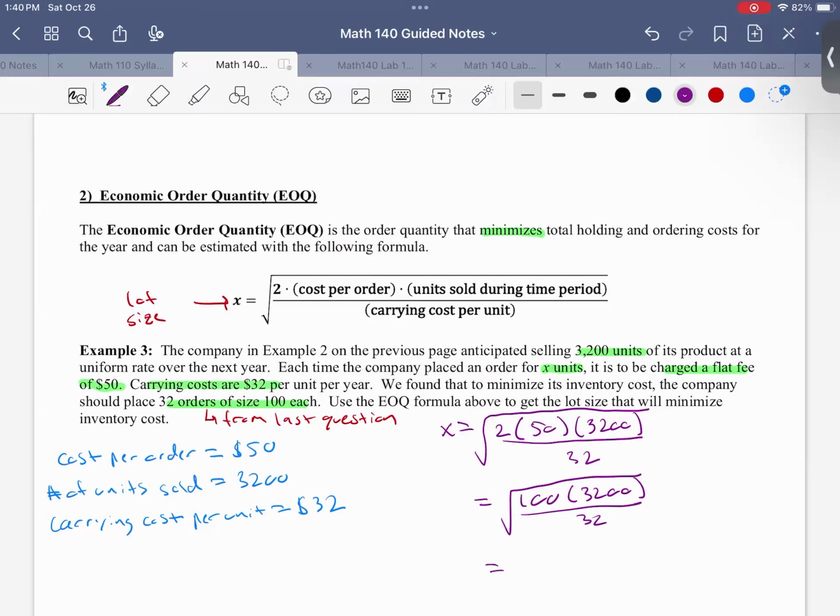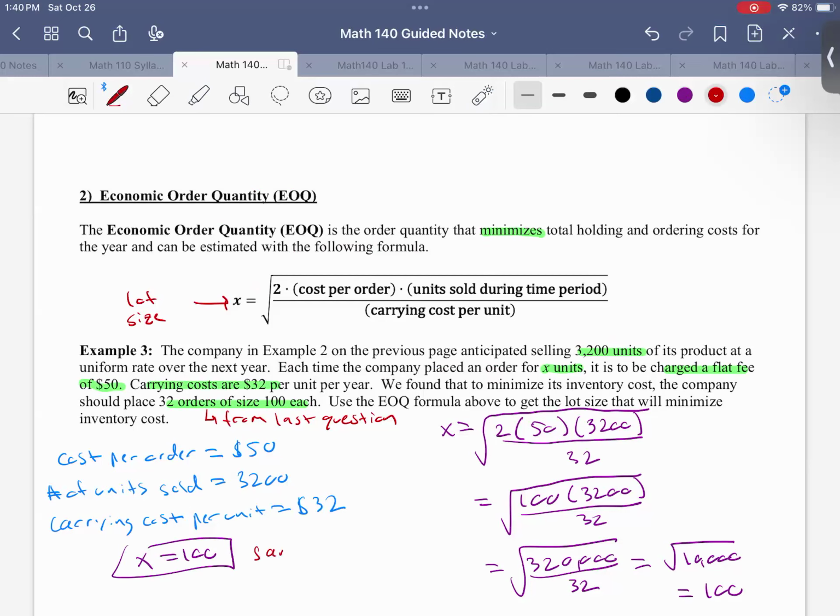That ends up being the square root of 320,000 over 32, which is then just the square root of 10,000, which is just 100. So X equals 100, which is the same lot size as the previous question.